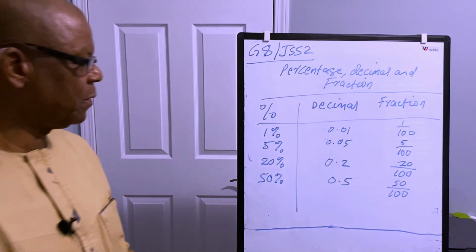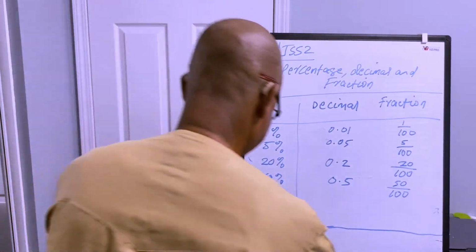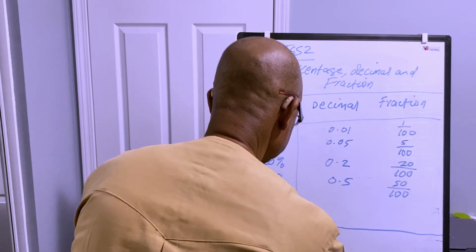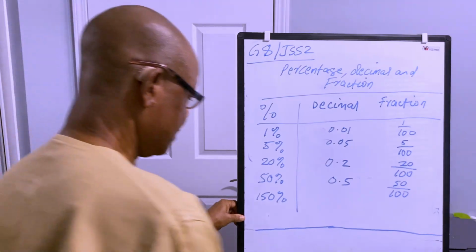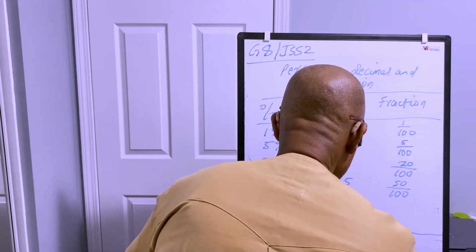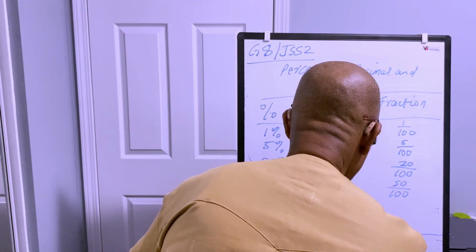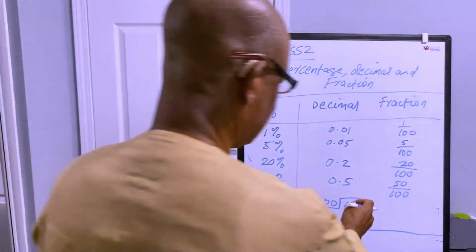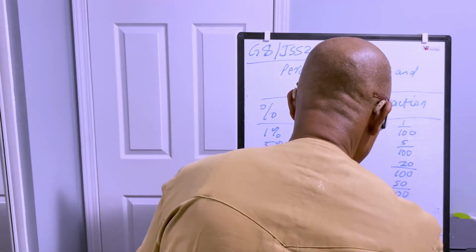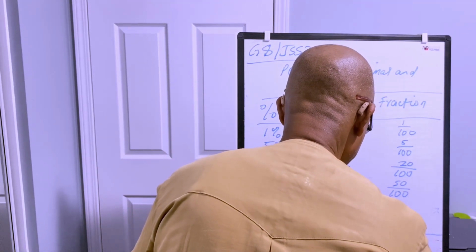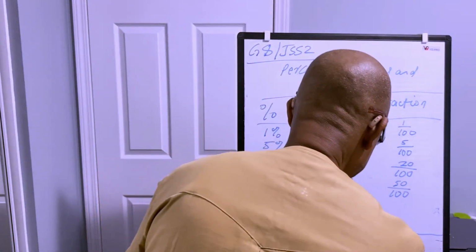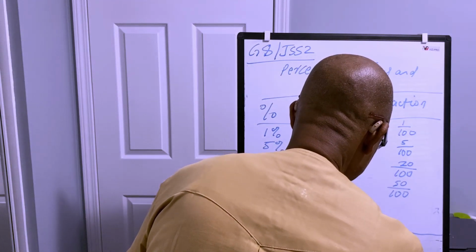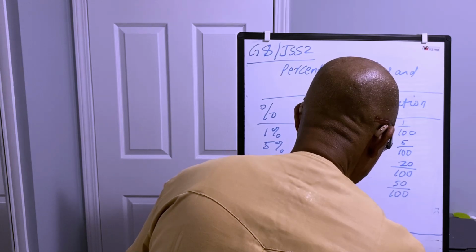Let's pick maybe 150%. This is 150 divided by 100. If you divide 150 by 100, it will give you 1. And 1 times 100 is 100. 150 minus 100 is 50.